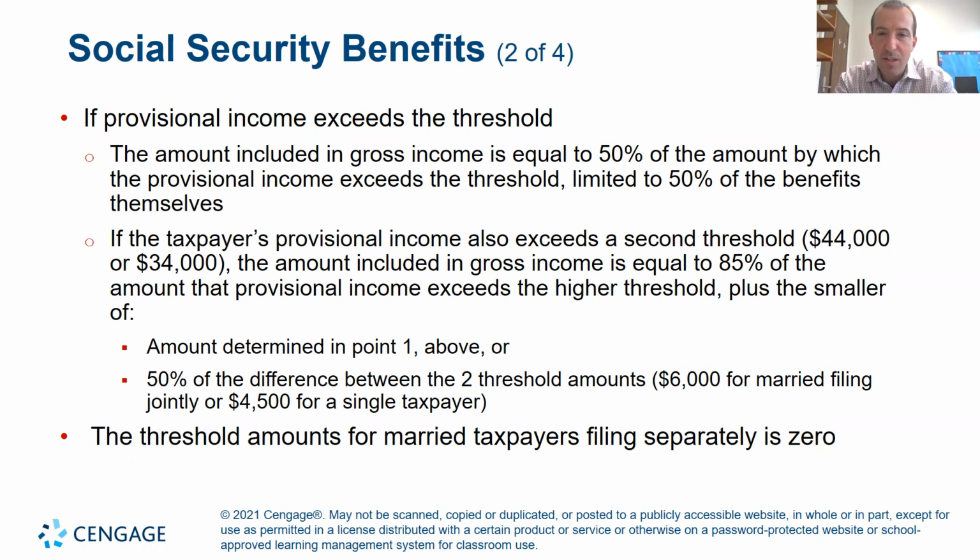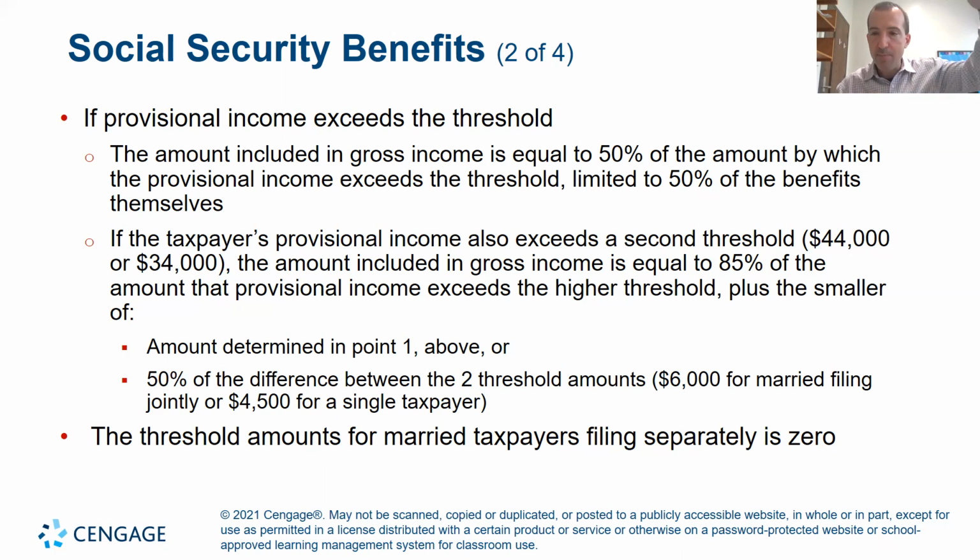So if a taxpayer's income exceeds the second threshold of $44,000, then 85% of the Social Security is included. So if modified adjusted gross income plus half of the Social Security benefit exceeds $32,000 for married filing jointly, and if it exceeds $25,000 for single, then half of that Social Security income is included in gross income for tax purposes.